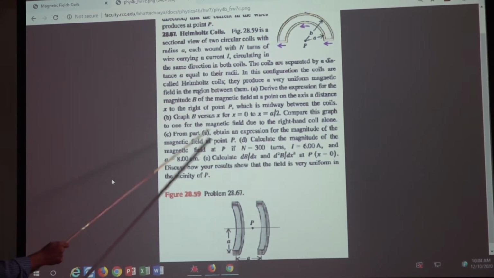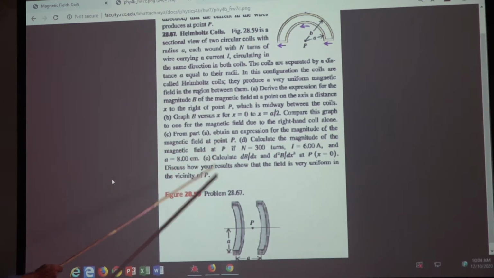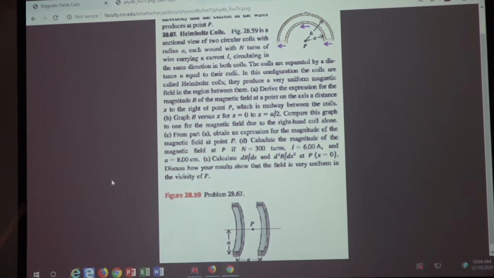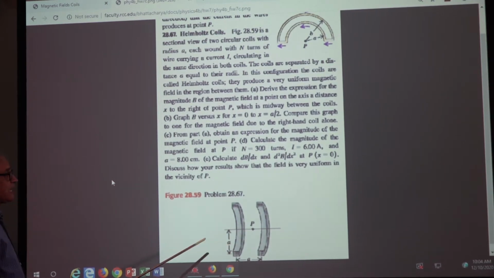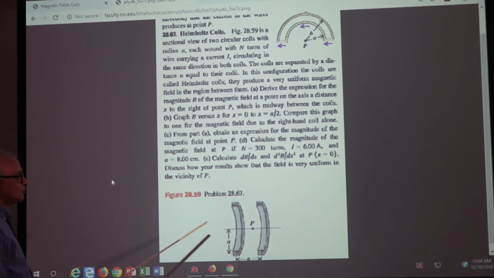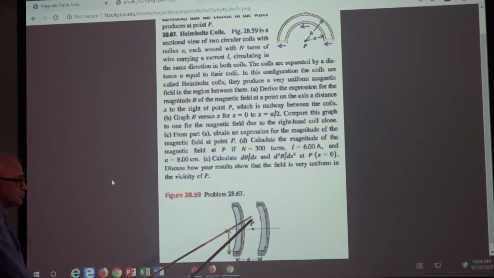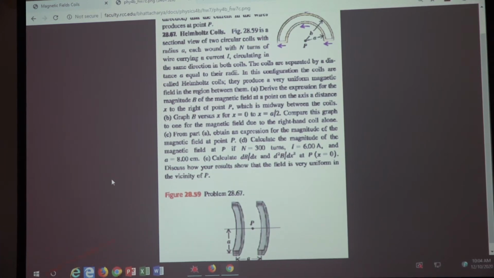Compare this graph to one for the magnetic field due to the right-hand coil alone. So you have to do one for the magnetic field in between these two coils, and versus where you don't have the second coil, just do one for one single coil. We're going to do this experiment and give you some numbers for it, okay? And then you compare this with your theory.